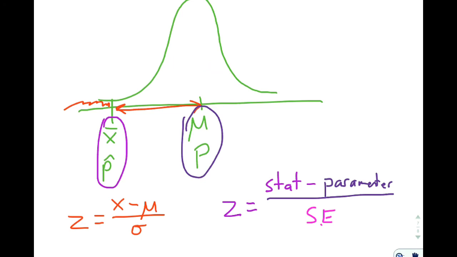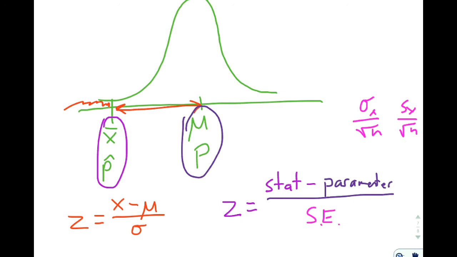Now for means, we're used to seeing that as the central limit theorem. So if we're talking about means, it would be our standard deviation over the square root of n, or sample standard deviation divided by the square root of n. That would be plugged in down there in the denominator.